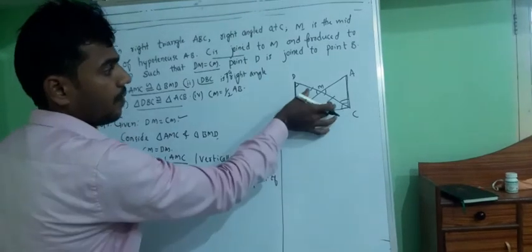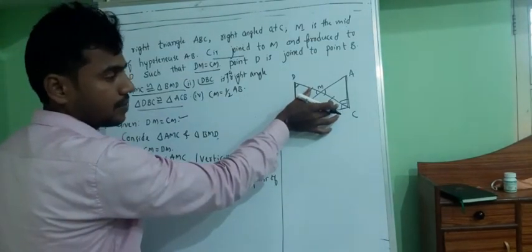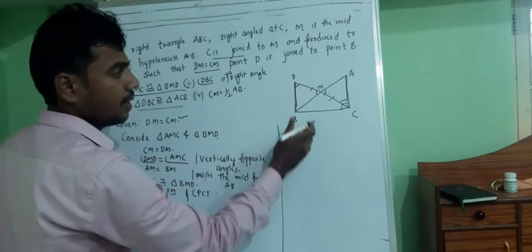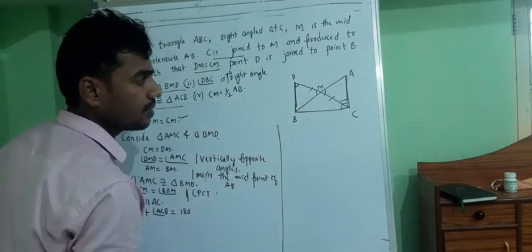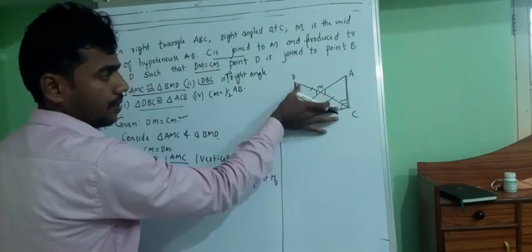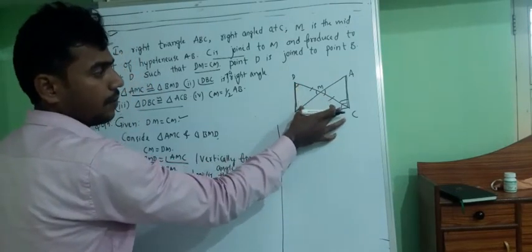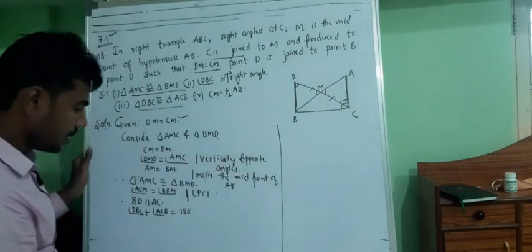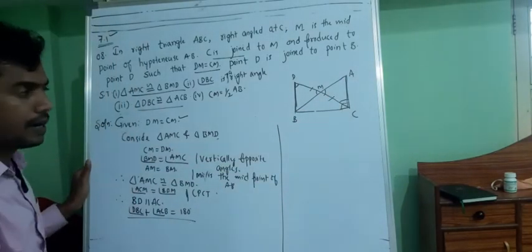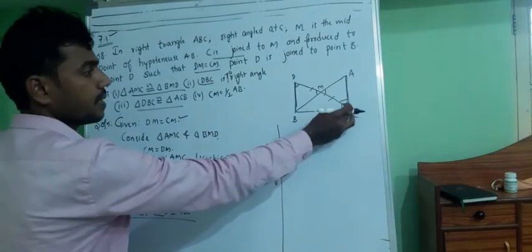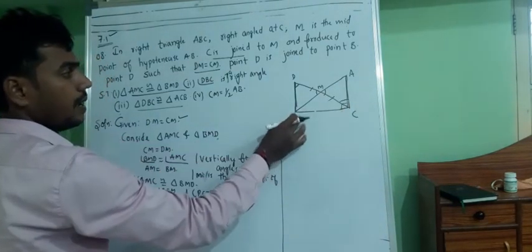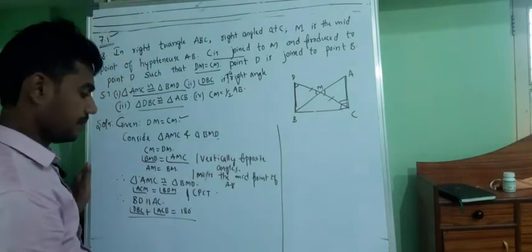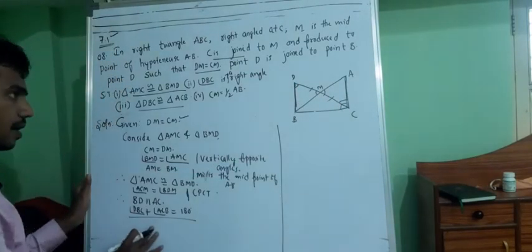Because if I consider this as a transversal line, these two will be co-interior angles. DBC and ACB will be co-interior angles. So that only I have written. They will be supplementary. On the same side of the transversal, ACB and DBC are on the same side of the transversal. So what can I write now?